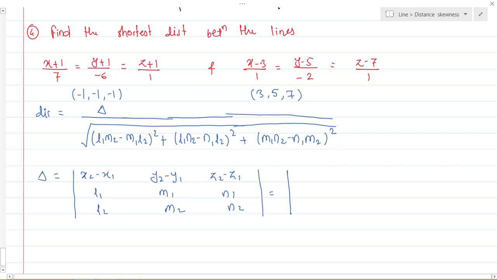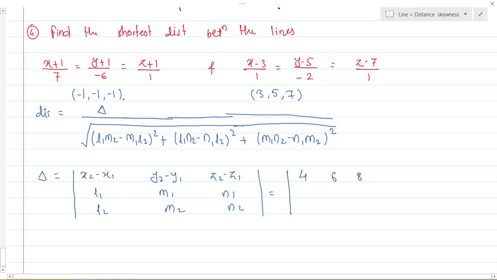Please note the standard form is (x minus x1)/a = (y minus y1)/b = (z minus z1)/c. Comparing with this equation, we get the values of x1, y1, z1, x2, y2, z2. So x2 minus x1 is 3 plus 1 becomes 4, 5 plus 1 is 6, 7 plus 1 becomes 8.